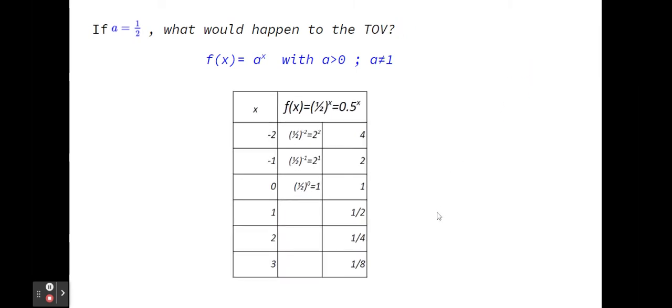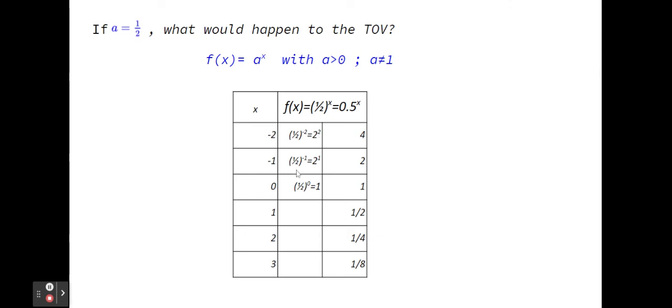Let's look at the table of values. Now, if we were to evaluate some of these values for our function f of x equals 1/2 to the power of x, say when x is -2, we would have 1/2 to the exponent -2. And that is equivalent to 2 squared. 2 squared is 4, and so on and so forth.